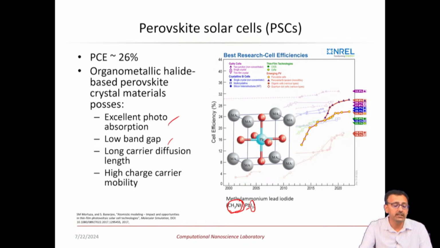So, they have a very appropriate band gap for these applications. They have long carrier diffusion lengths and high carrier mobility, which are all characteristics required for achieving high power conversion efficiency in thin film solar cells. So, therefore, they have become pretty popular.